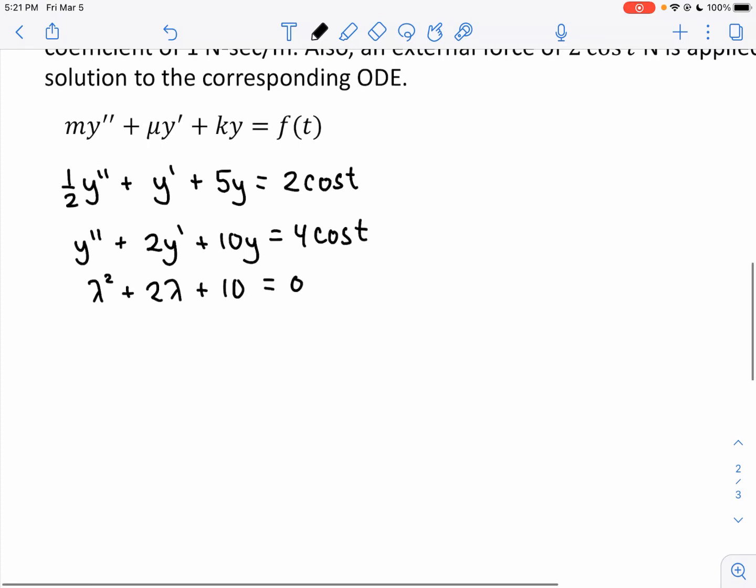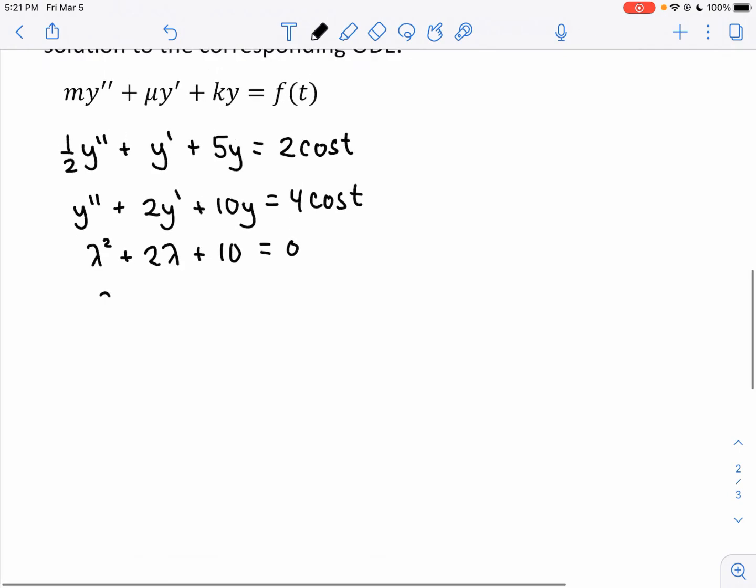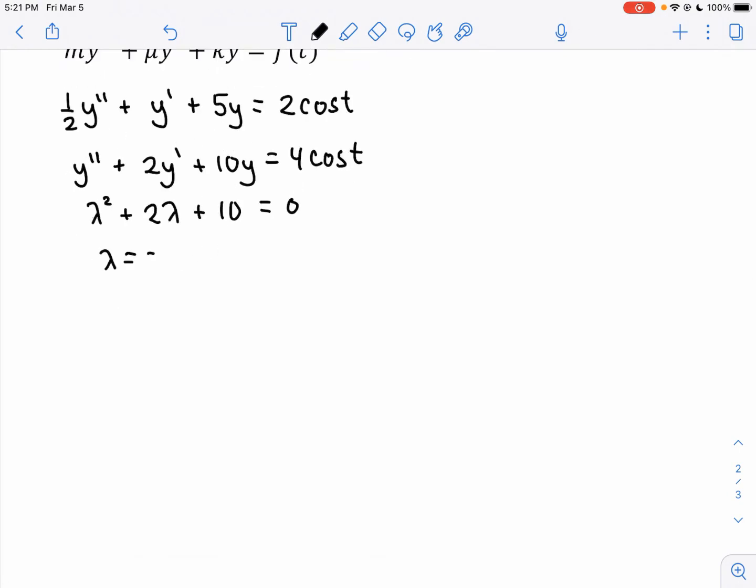Okay, so we're going to apply the quadratic formula next. So we have lambda must be equal to negative b, so negative 2, plus or minus the square root of b squared, so 4, minus 4ac, that's going to be minus 40, all over 2. And when you simplify this, we're going to get negative 1 plus or minus 3i.